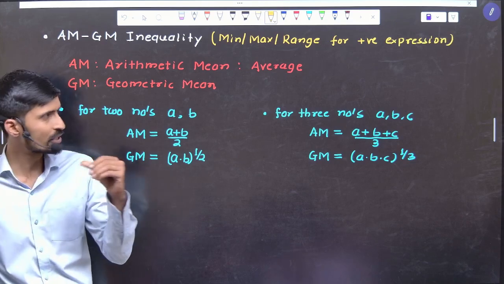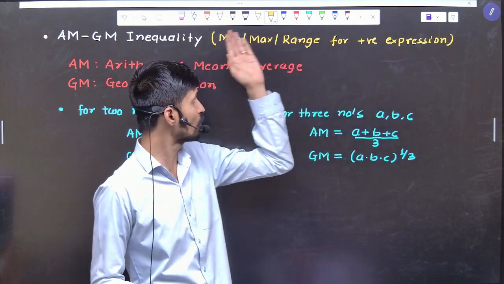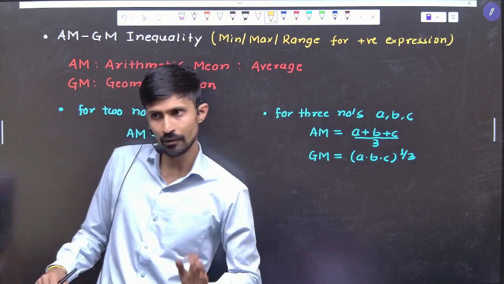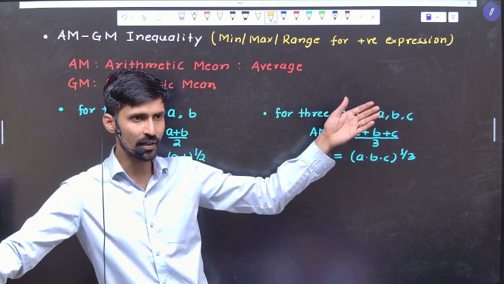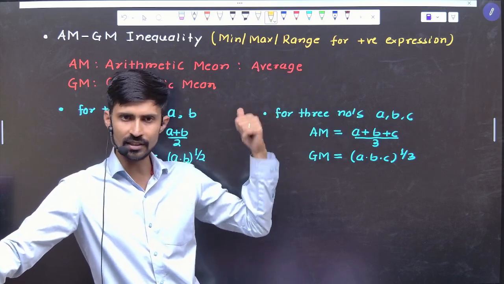So in any question, if some positive expression is given to you, and for that expression you have to find minimum, maximum, or range type thing, we'll apply this technique. Always remember, whenever I see a question with a positive expression given, and I have to find minimum, maximum, or range, I directly try this concept.